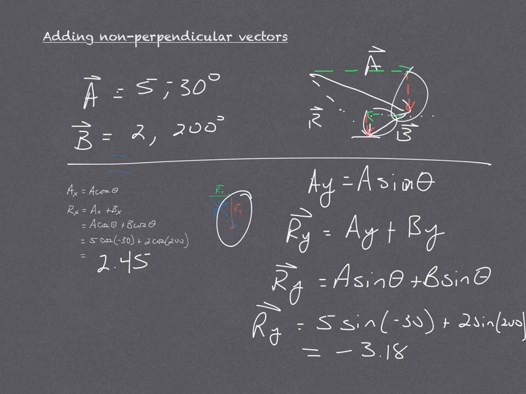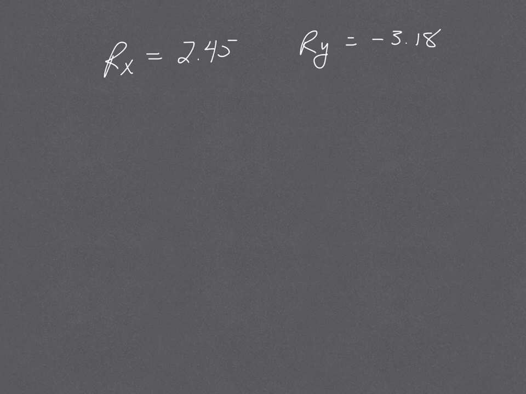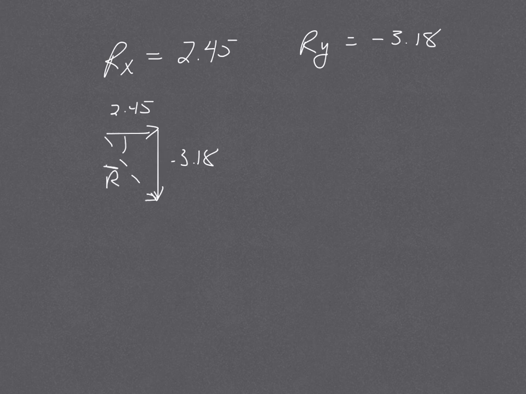All right, now to figure out the resultant value, we still have two more things we have to do. All right, so we have these two components here. We have x component to the right of 2.45. We have a y component down of negative 3.18. We're going to find the value of that resultant as well as the angle.